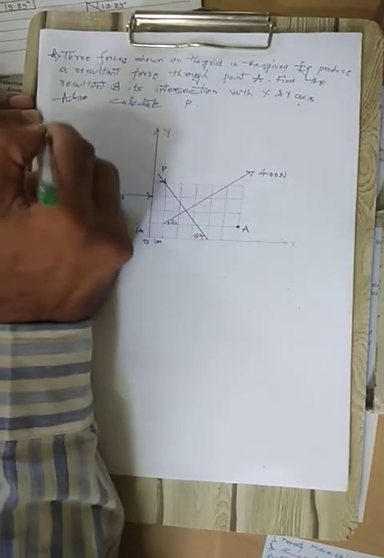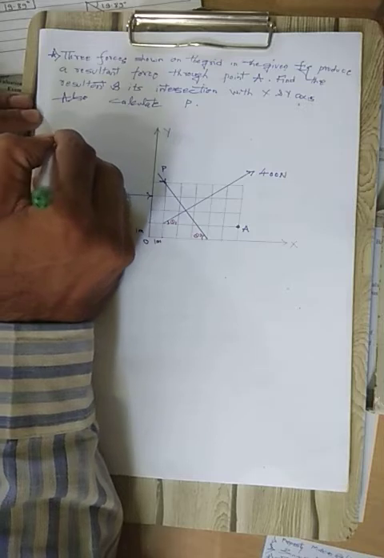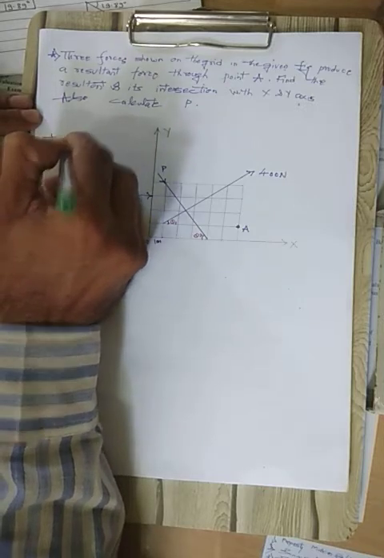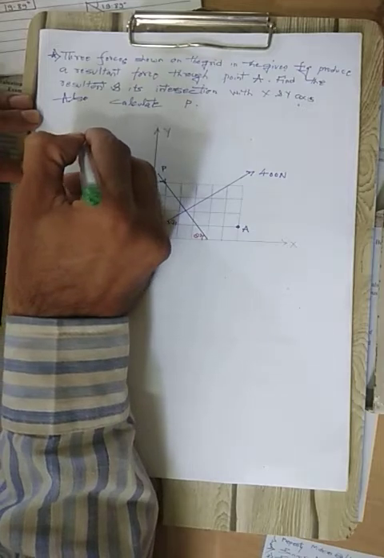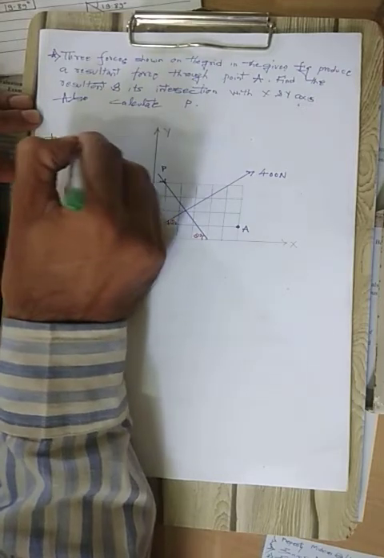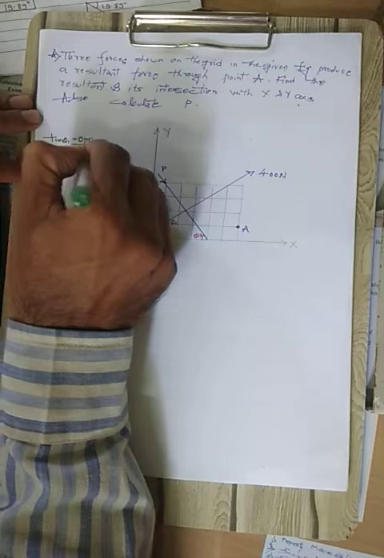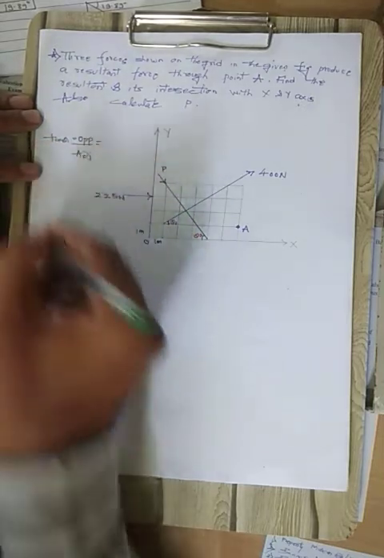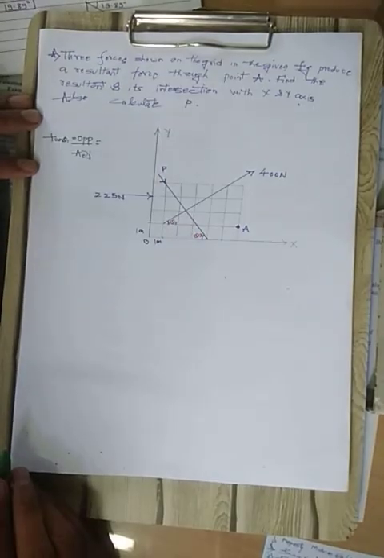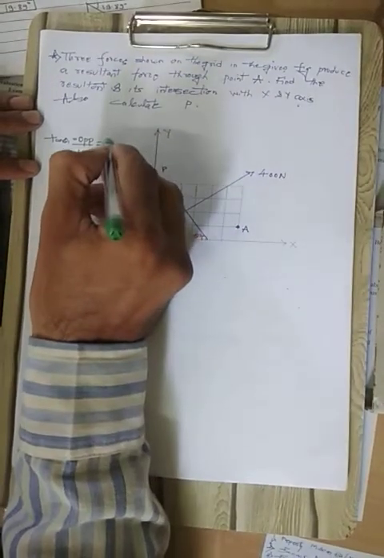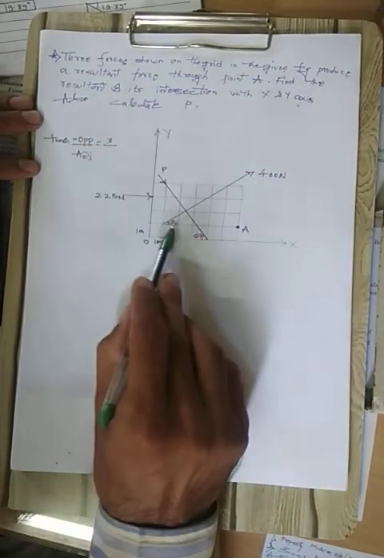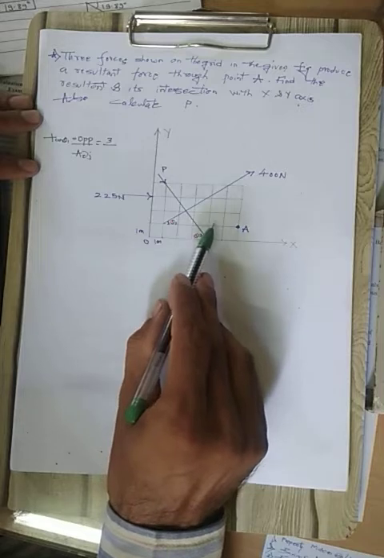That means tan of theta 1 is equal to opposite upon adjacent. The opposite side in this case is 3, and the adjacent side is 4, up to this point.